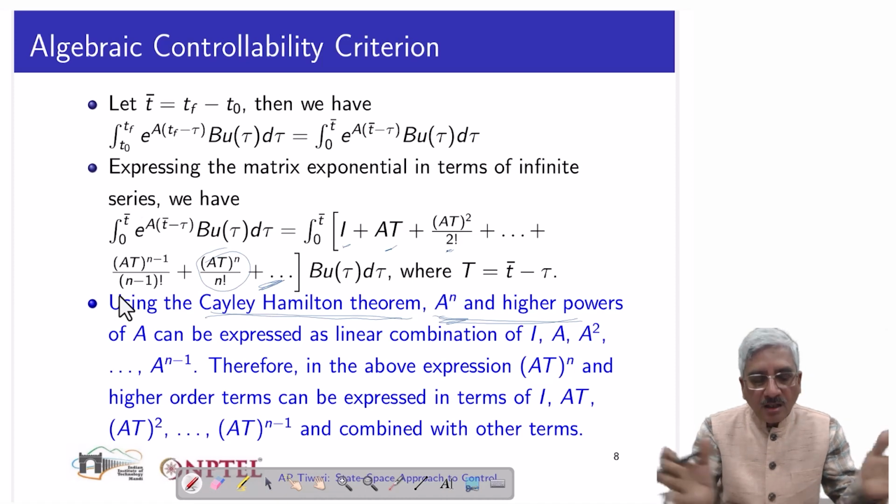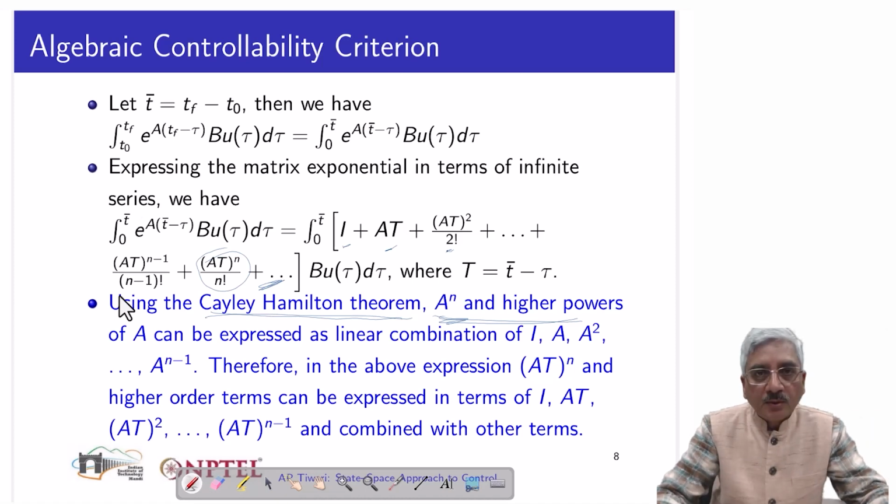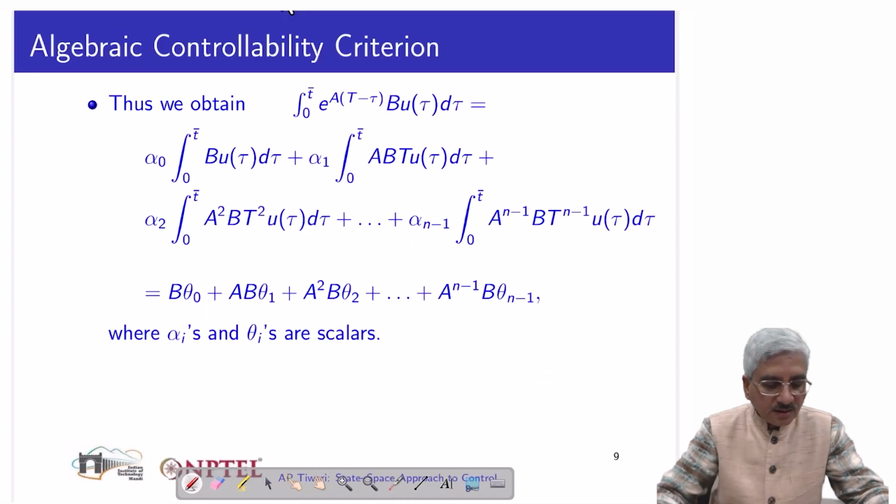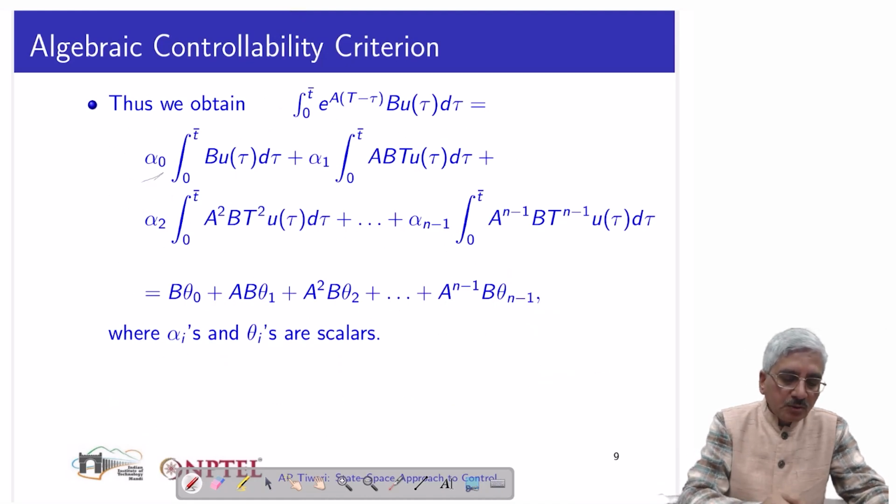And then they all can be combined together. So this infinite series becomes a finite series, containing a combination of I, that means identity matrix, At, A square t square, etc. So that linear combination is shown through that alpha 0, alpha 1, etc.